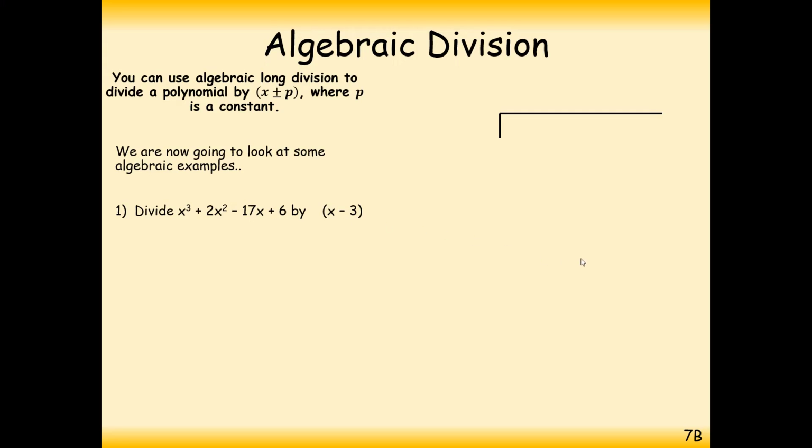Alright, so now it's time to actually perform an algebraic division. Now this x minus 3 is a factor. If it's not a factor, you will have a non-zero remainder. Either way, in these kinds of questions, you perform the same division in the same method.